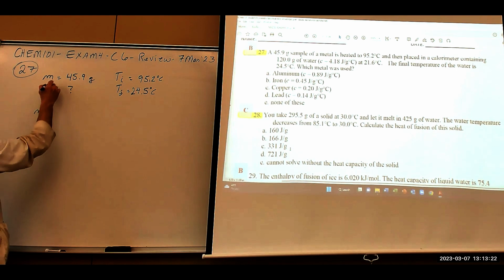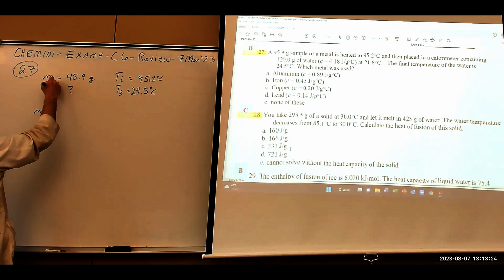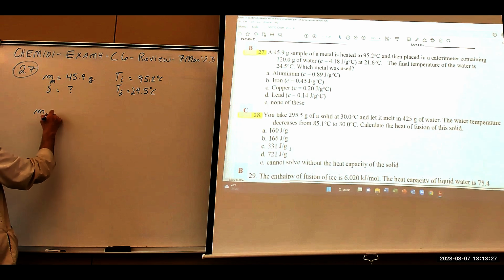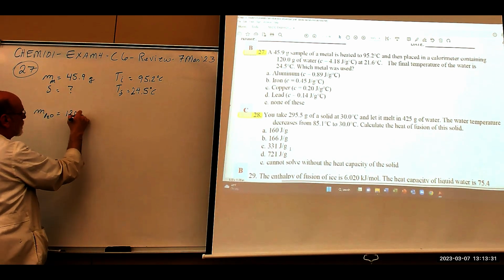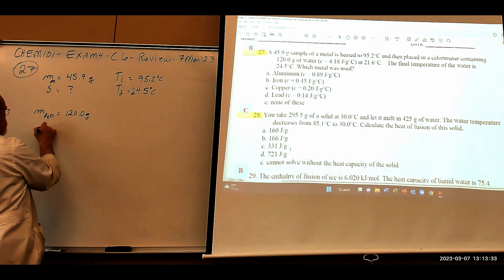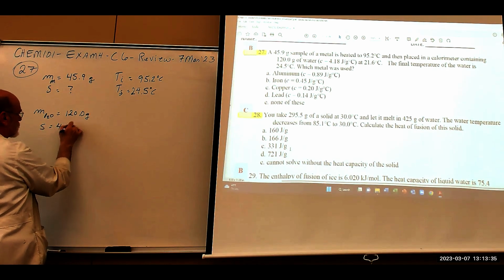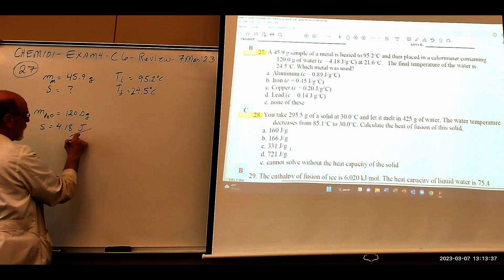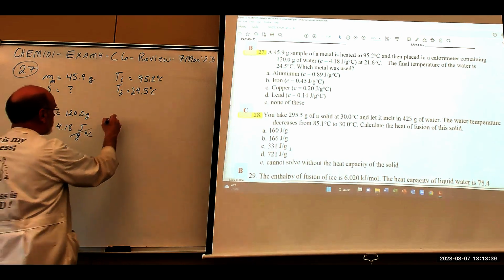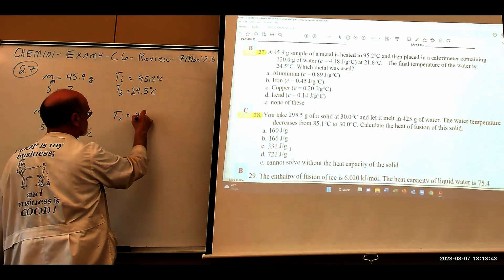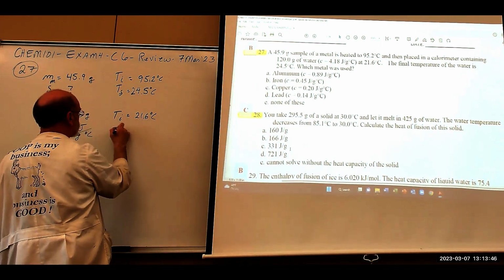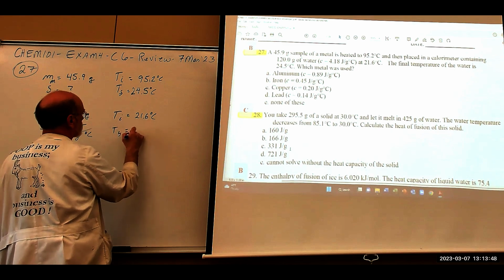The mass of the water, this is the metal. Mass of the water is 120 grams. And the specific heat of water is 4.18 joules per gram degree C. And initial temperature of the water is 21.6 degrees C. And the final temperature is the same as the metal.